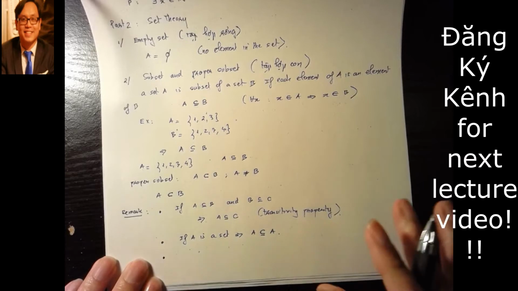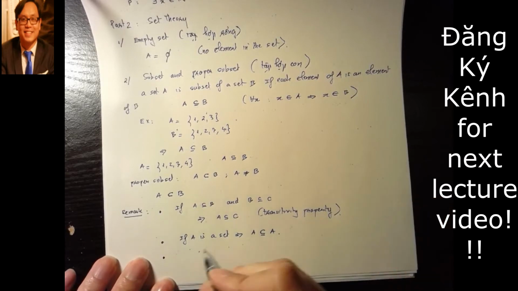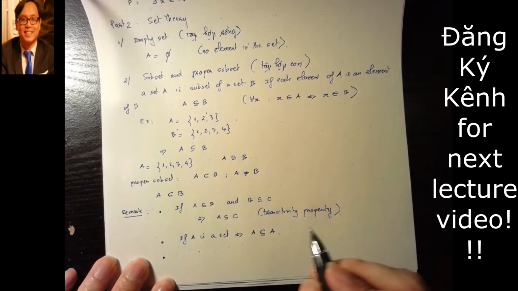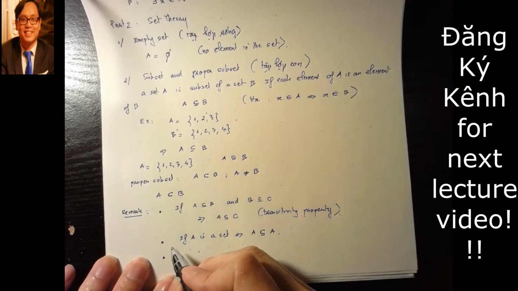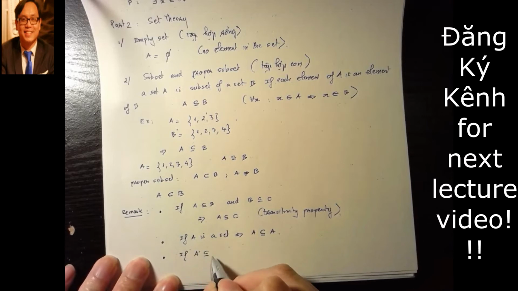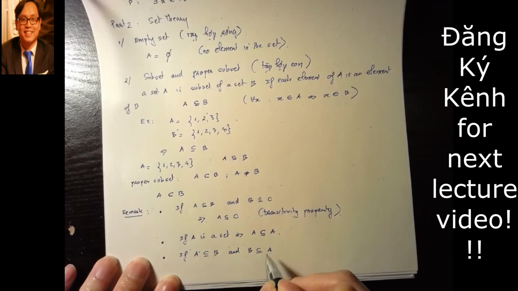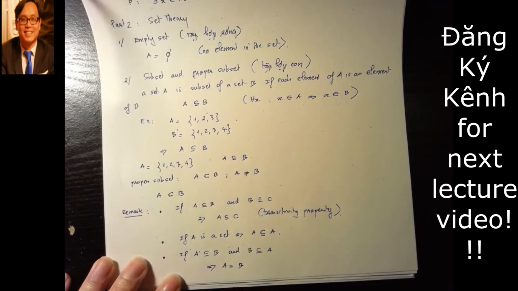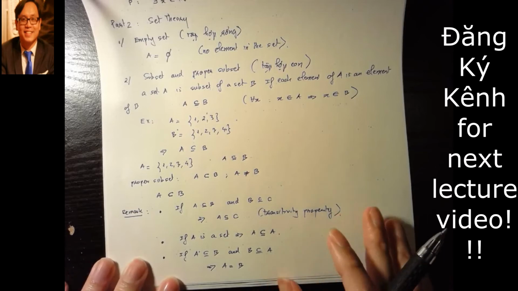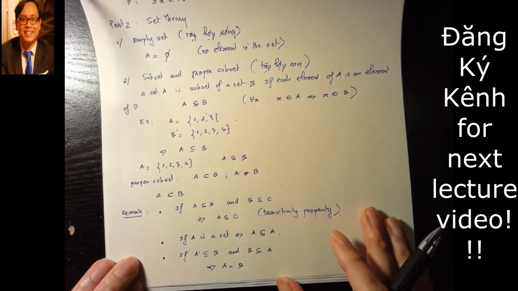Third property. If A is a subset of B and B is a subset of A, then A equals B. If A is a subset of B and B is also a subset of A, then the two sets are the same, they are equal.